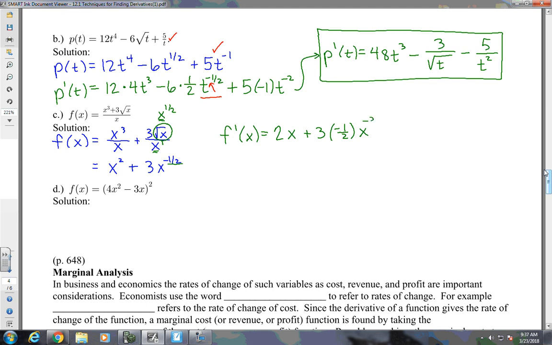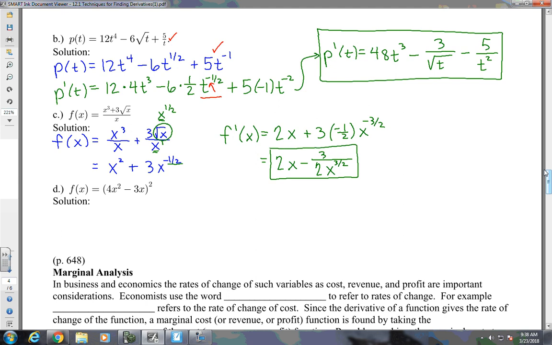So we end up with -3 over 2. So to clean this one up, the first term is good to go. 3 times -1/2 is -3/2. And we can put that exponent, -3/2, into the denominator and make it positive. So that is the derivative of f.